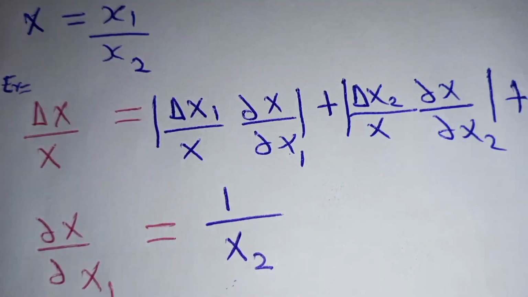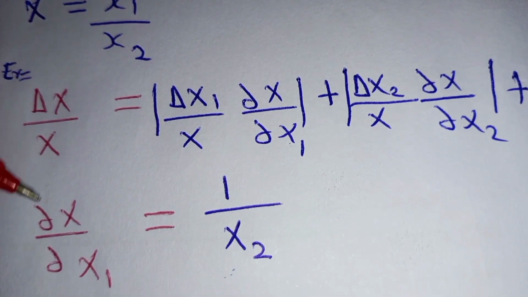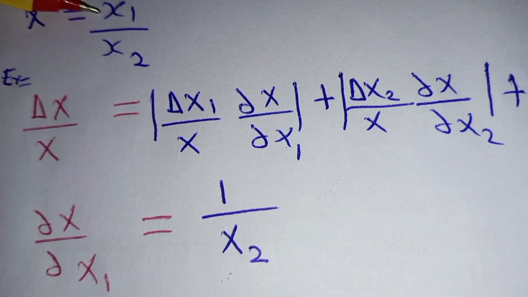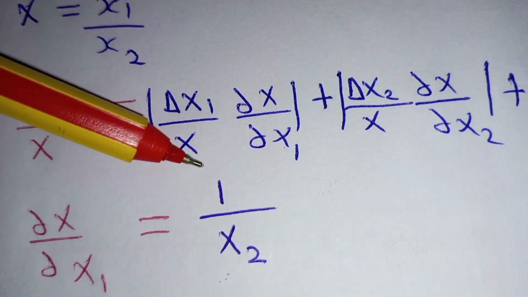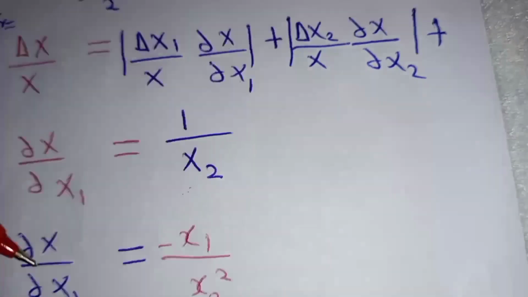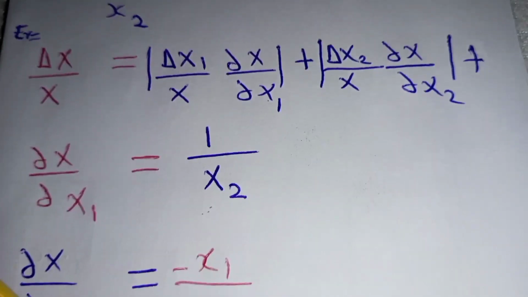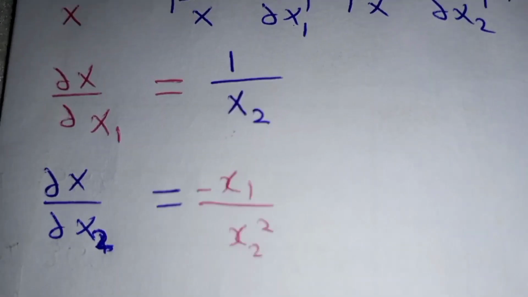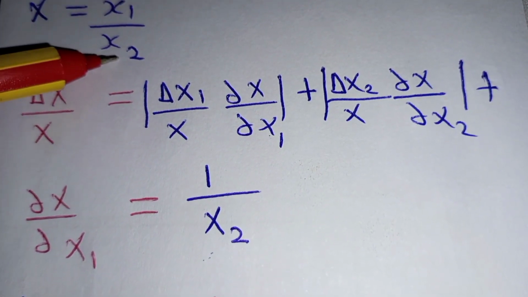In our case, we take the partial derivative of this capital X with respect to x1. When you differentiate with respect to x1, the result is 1 divided by x2. Then you take the partial derivative of capital X with respect to x2.